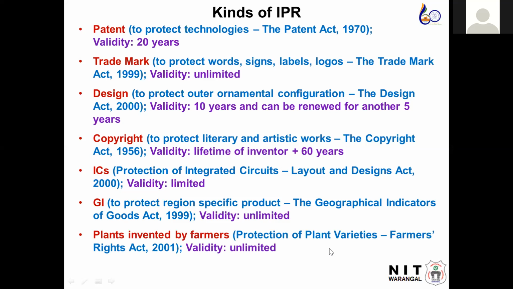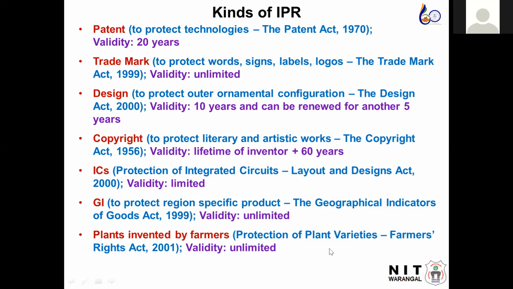We have been using basmati rice for several years. We don't know who invented that type of rice. But some foreigners wanted to modify the rice, and they named it Texmati, and they applied for a patent in 1987 or 88 at that time, and CSIR fought, and then this geographical indicator came into the picture.